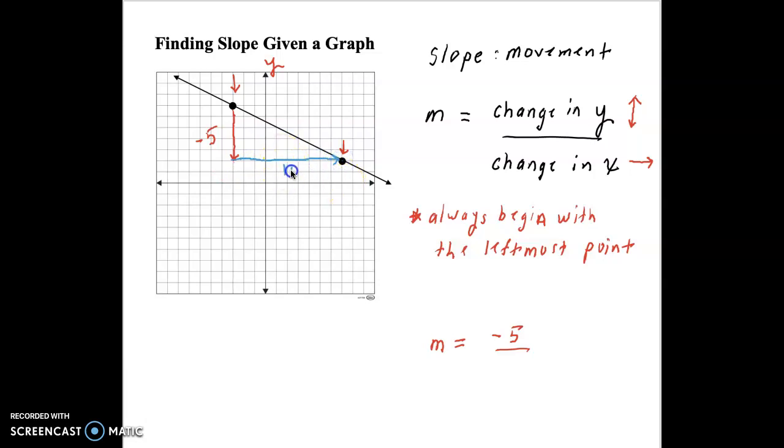So we walk 10 to the right. So our slope value in the denominator is going to be 10. So that means for every 5 units we go down, we have to move 10 units to the right. And if we simplify this as a fraction, we would get negative 1 over 2, which means we would go down 1 and right 2.